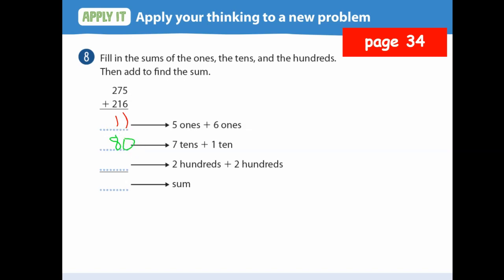Okay. And then I have 200s plus 200s is how much? 400s. How do I write that in number form? 400. Okay. And whatever I'm writing, you're writing.